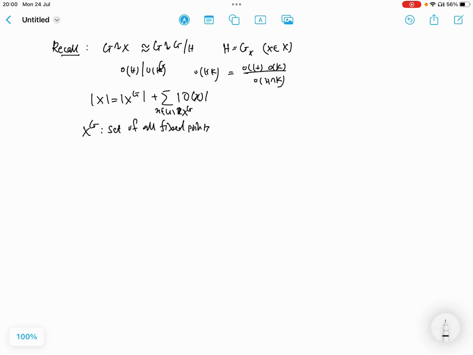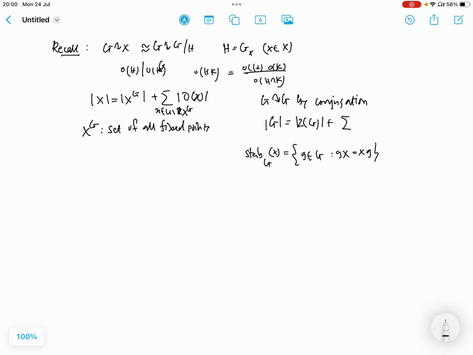And so in particular, if you consider this action of G on itself by conjugation, you get that the set is G itself, and the stabilizer of any point is just all those elements of the group that commute with that element. So the set of all fixed points will just be the center of the group.